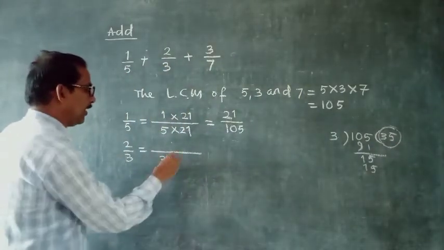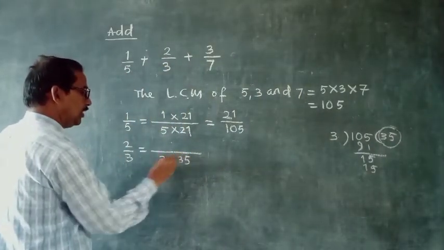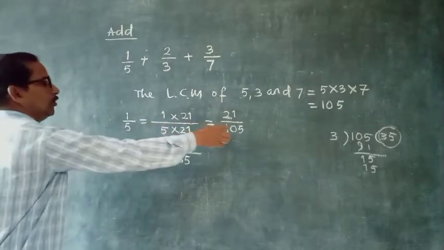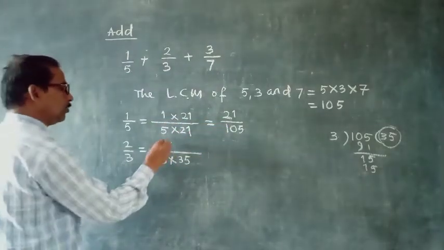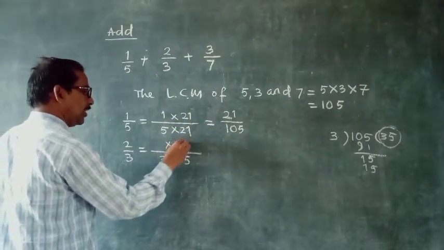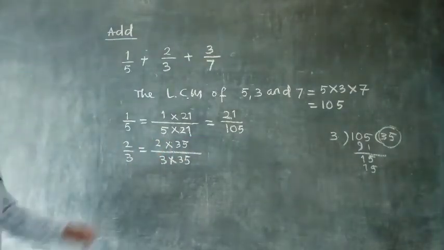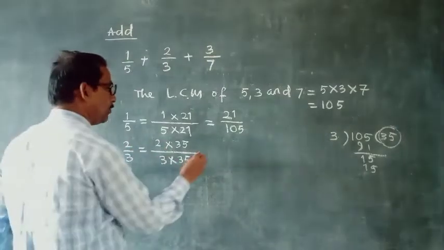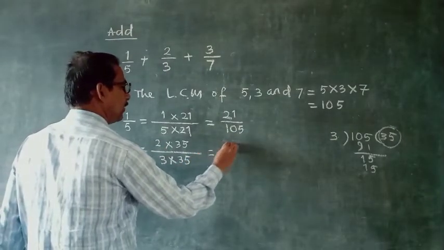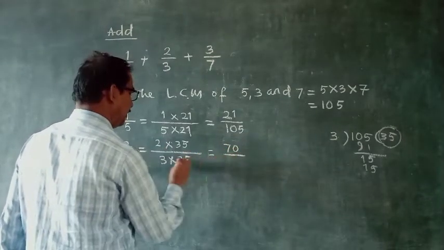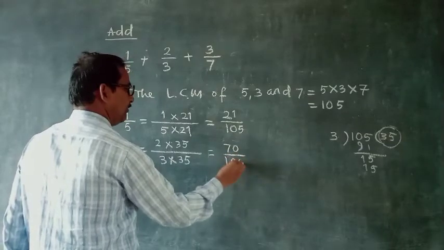If we multiply 35 to 3, it will be 105. Then you have to multiply the same number, that is 35, to the numerator 2. Then 2 multiplied by 35 is 70 divided by 105.